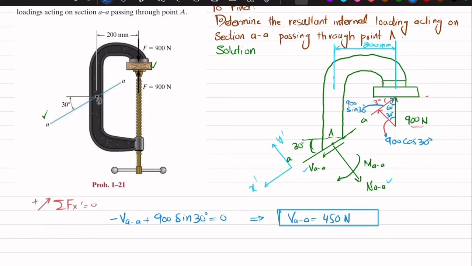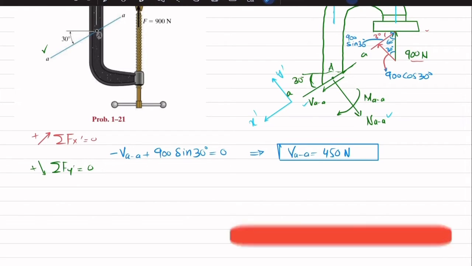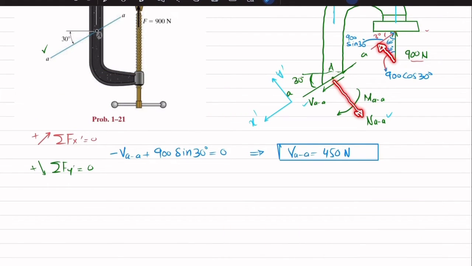Now we will find this NAA, and we will use the equation of equilibrium that sum of all forces along y dash direction must be equal to 0, and force in this direction is taken as positive. You can see this force NAA is in positive direction. Clear? And this component is in negative direction as per our assumed direction.